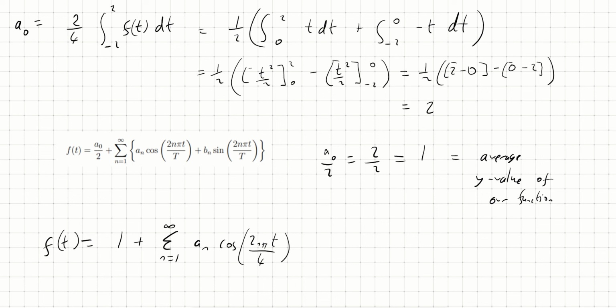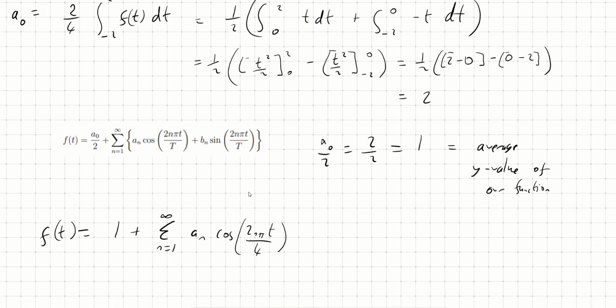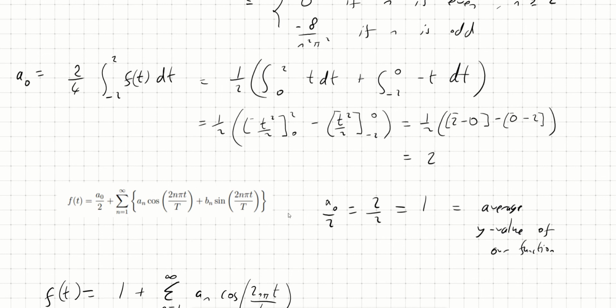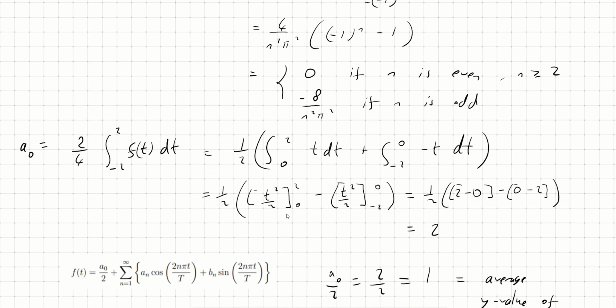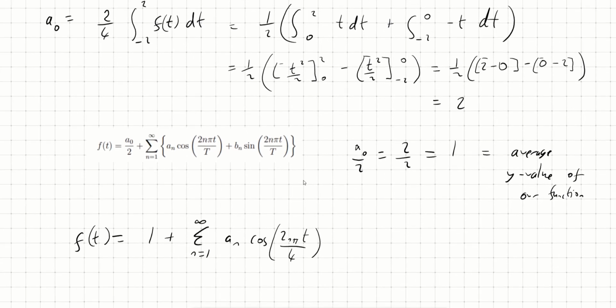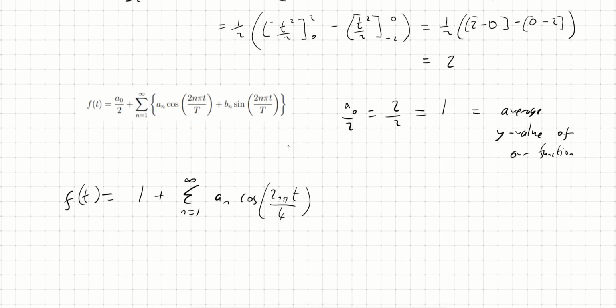We now just have to substitute in the values of an. Well, remember, an was 0 if n was even, and minus 8 over n squared pi squared if n is odd. So we don't even need to put in the even ones, we just have to put in the odd ones because the even ones were 0.